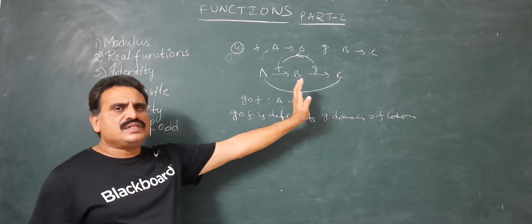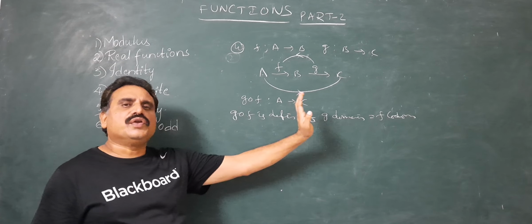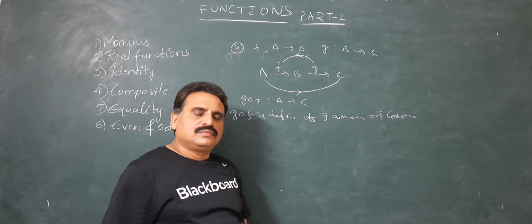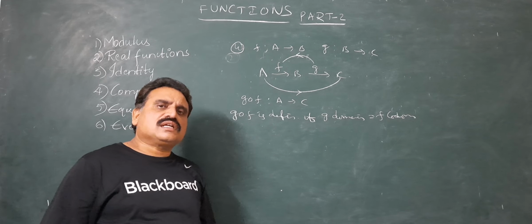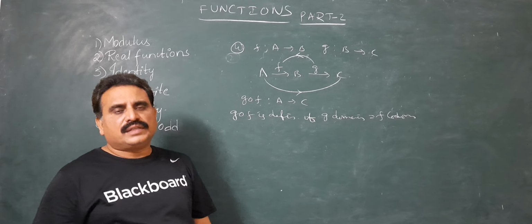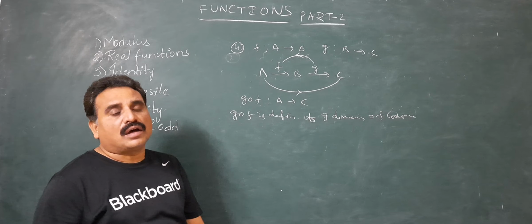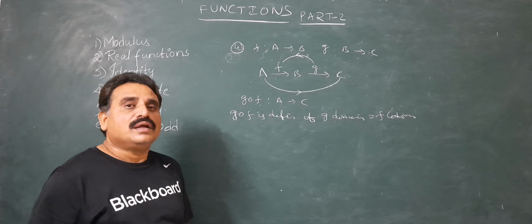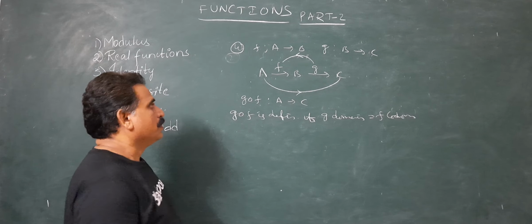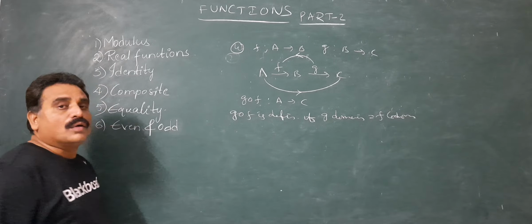If G circle F is defined, F circle G need not be defined. If F circle G and G circle F are both defined, then these two need not be equal. F circle G is not equal to G circle F. Okay. Now, this is called the composite function.